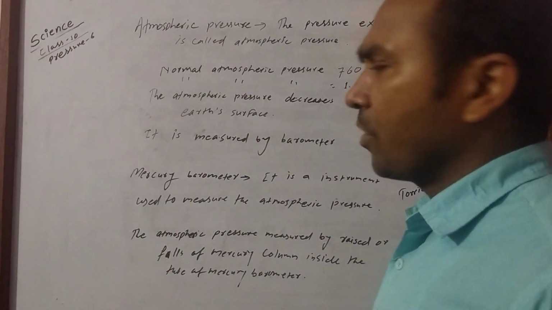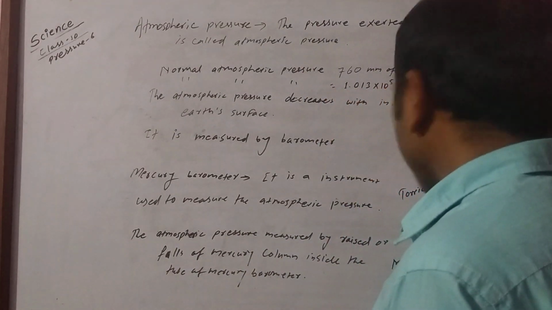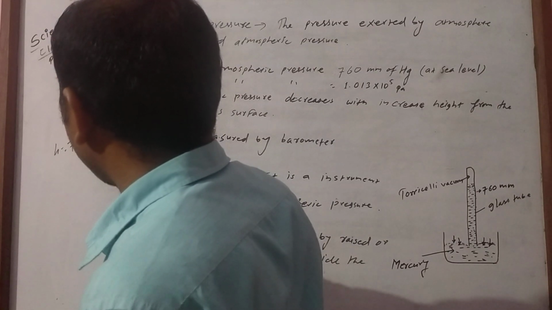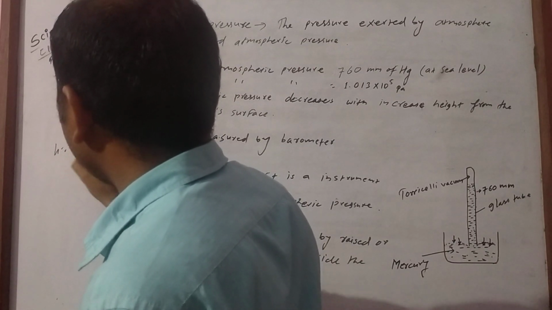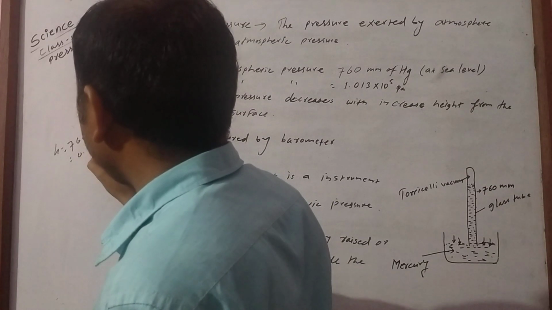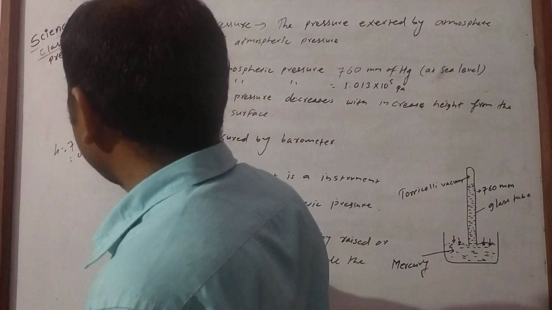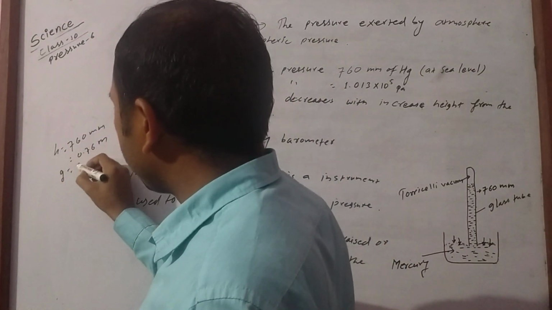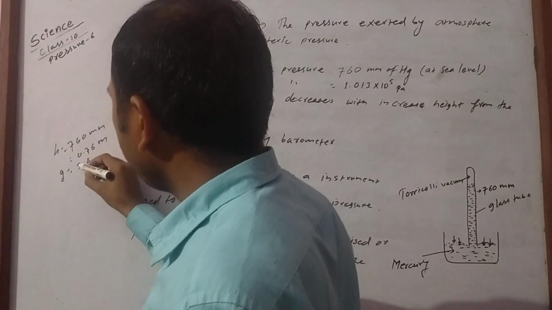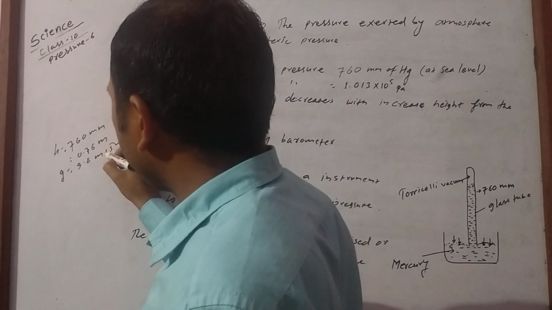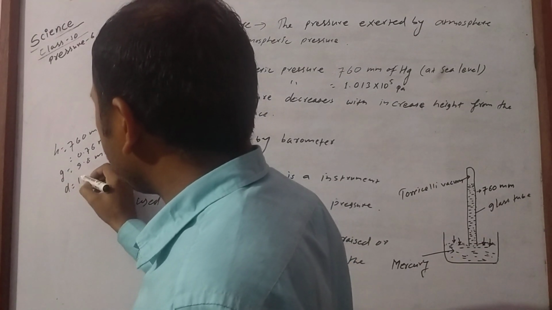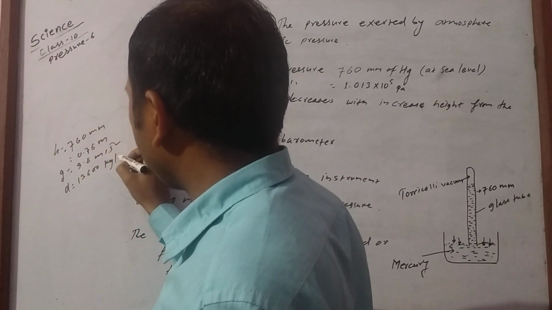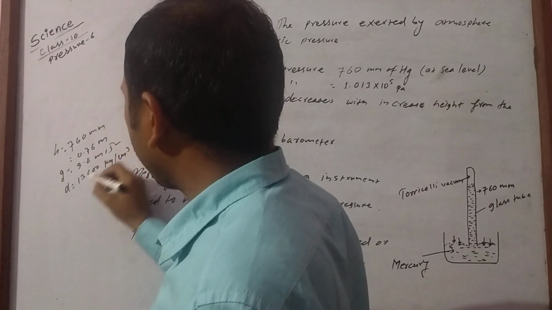Then how can we calculate this value? We already know the height of the mercury column: h is equal to 760 mm. When you convert to meters, it is 0.76 m. The value of g is 9.8 meter per second squared, and the value of d is 13,600 kg per cubic meter, which is the density of mercury.